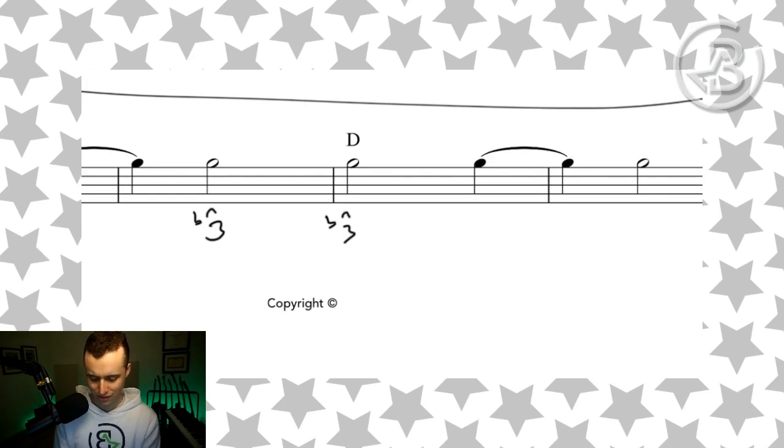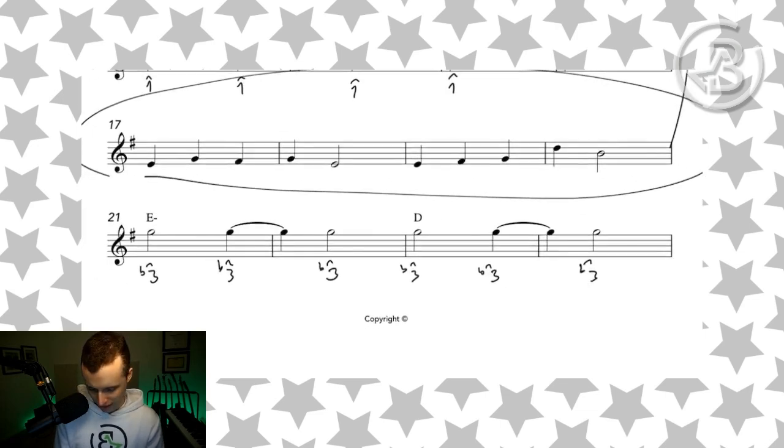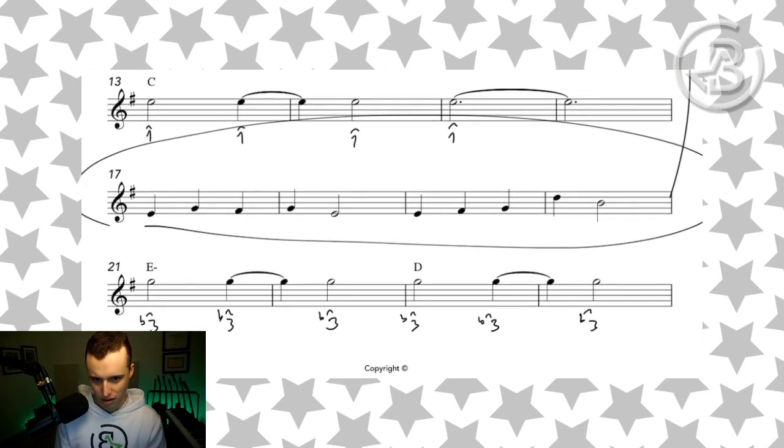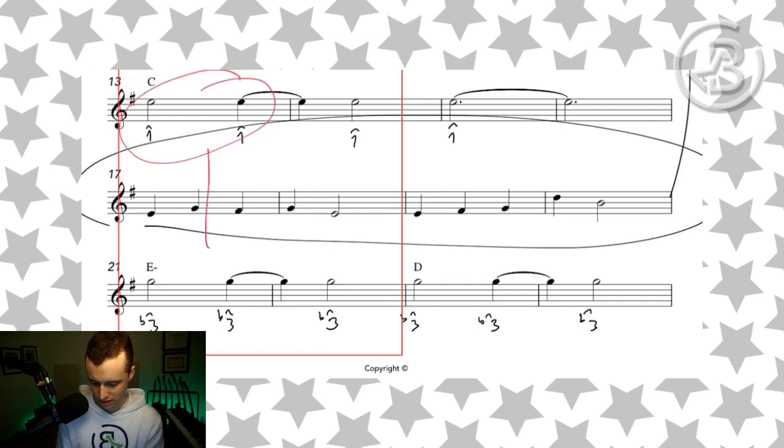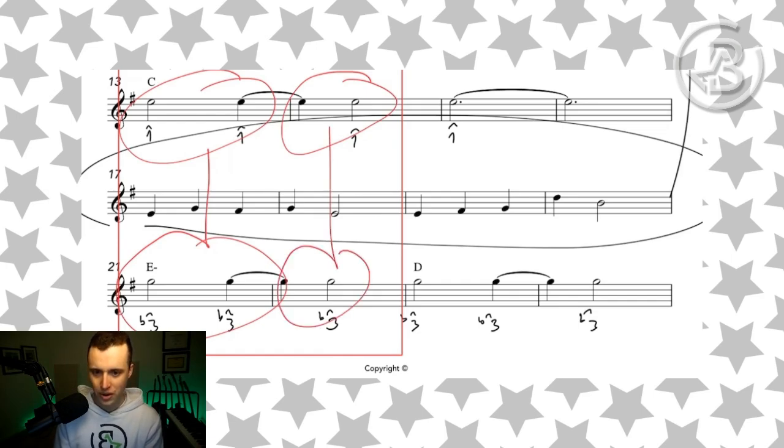All right, now here's one of the really cool things about doing analysis, is we really start to see these patterns. Look how we have the same, well, similar here. These two measures have the same rhythm. Well, these 4 measures have the same rhythm. So this rhythm here is the same as this rhythm here. This rhythm here is the same as this rhythm here.